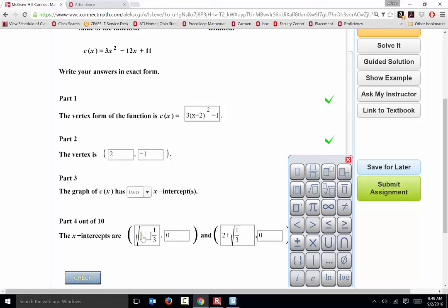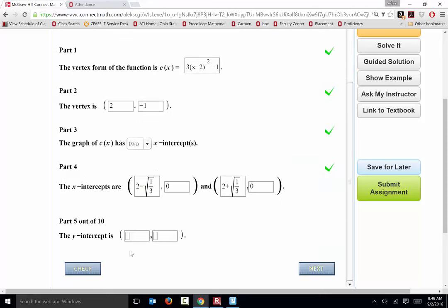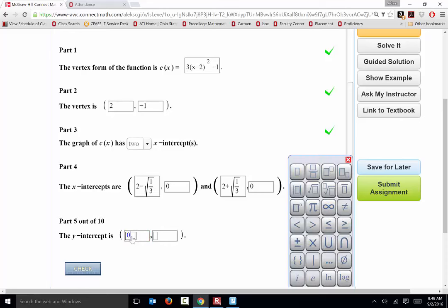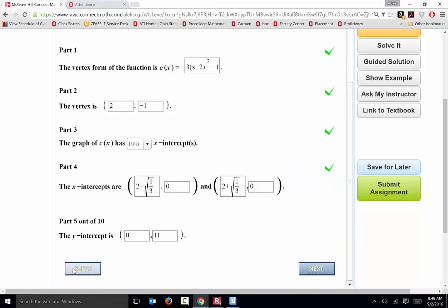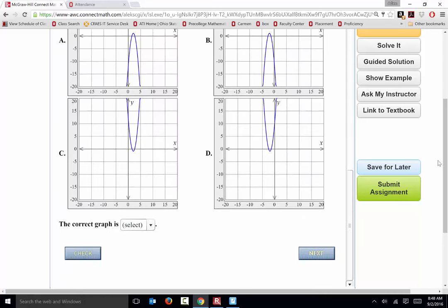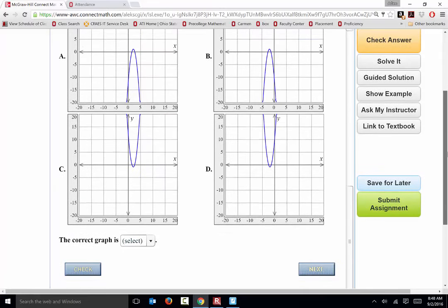Alright, once you choose, go all the way to the left with the arrow keys. I hope it's right. There you go. Okay, the y-coordinate is 0, 11. Is it positive? Yeah, positive 11. And we choose which shape? C, right?